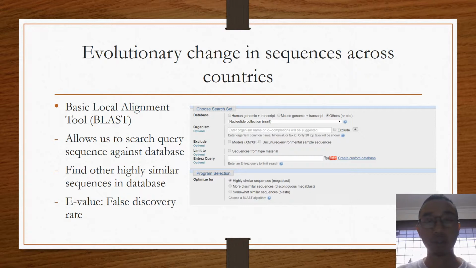When the results appear, we look at the E-value, which in very simple terms means the false discovery rate. The lower the value, the better we can trust the result. As seen in the parameters set for this test on the right side, we optimize the results for highly similar sequences only.